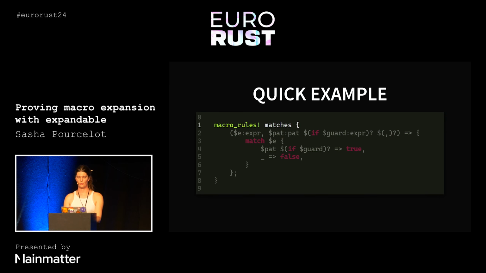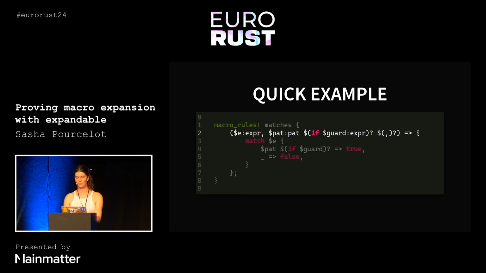First off, we tell the compiler we are declaring a macro. We give it its name, which is matches. Then there is a macro matcher. This is basically where we explain what arguments we expect when the macro is called. So here, first we expect an expression that we will call $e. Then we expect a comma.